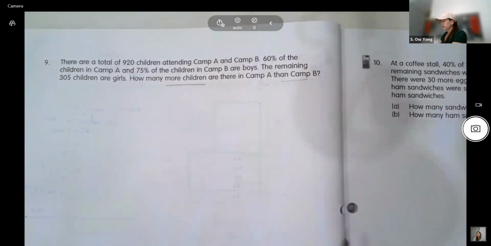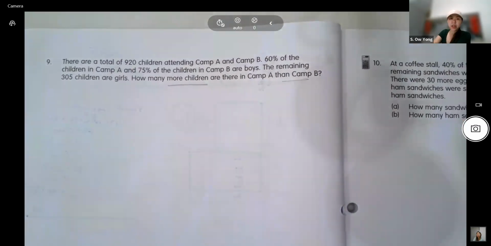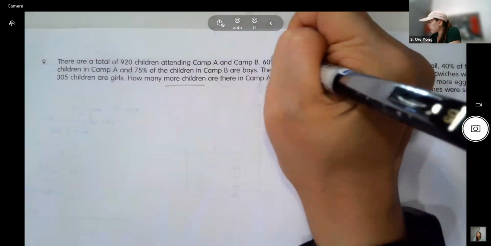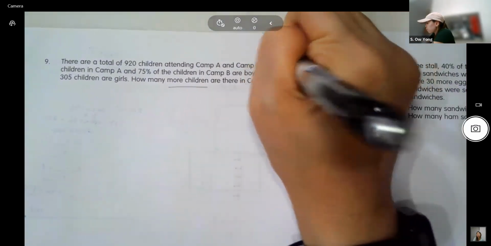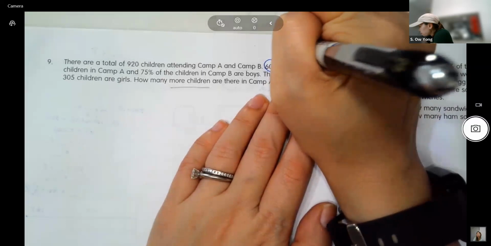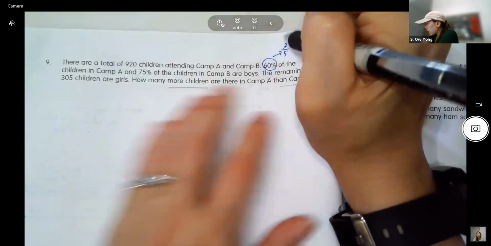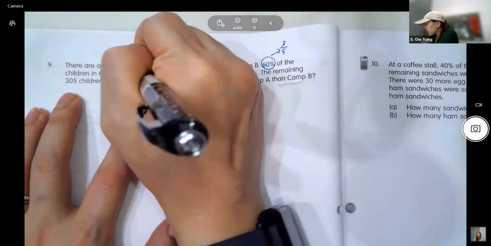Okay, same thing. It's similar to question 8. We are going to put 3 out of 5 here, and 3/4 here.